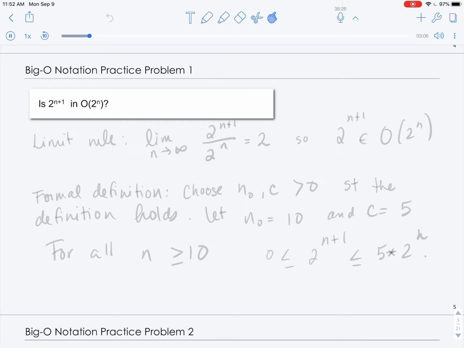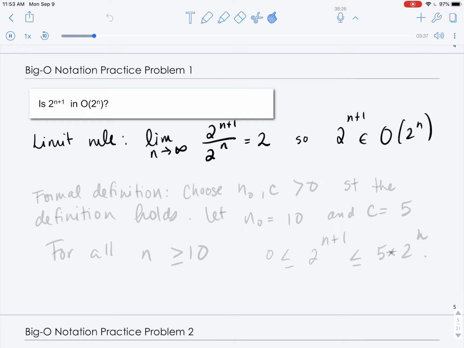Applying the limit rule, we need to take the limit as n goes to infinity of 2 to the n plus 1 over 2 to the n. When we do that, we just get 2. That's a constant, so we can write that 2 to the n plus 1 is in big O of 2 to the n.